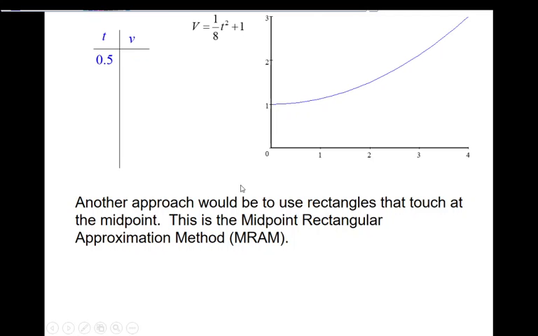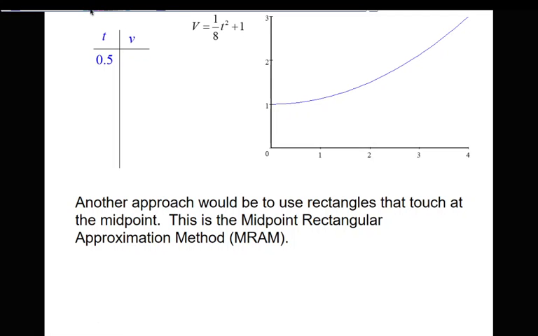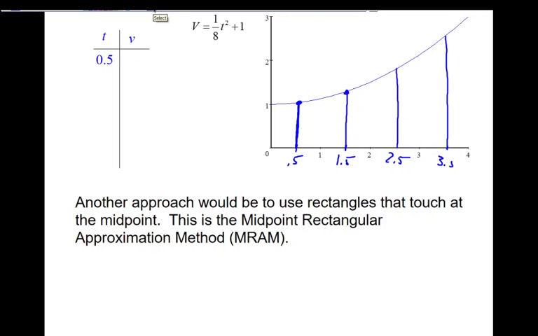So my first point I'm picking is going to be 1/2. So right here at 1/2. So the height of my rectangle is going to be right here in the middle. And then here at 1.5, here at 2.5, and this one at 3.5. Okay, so basically my rectangles, the heights are coming from the middle.